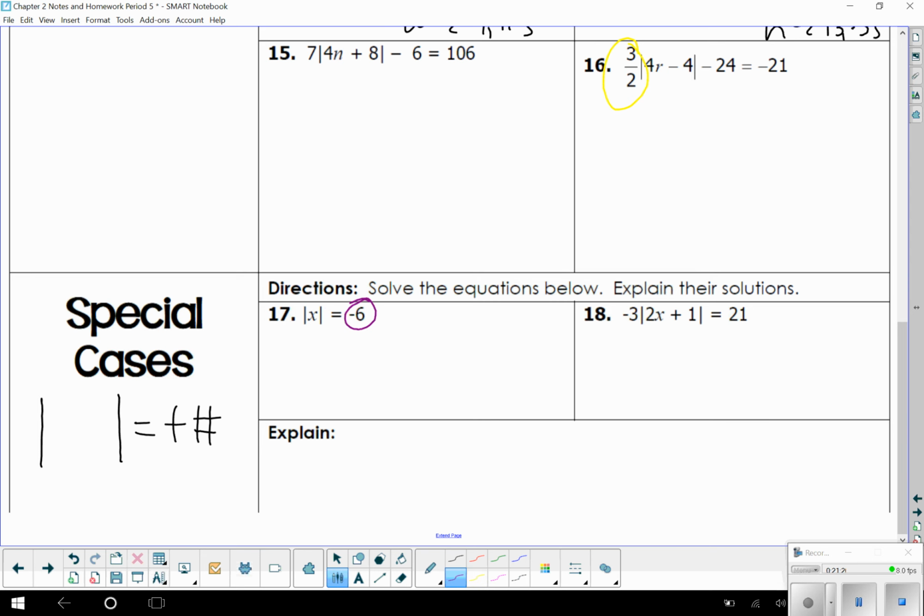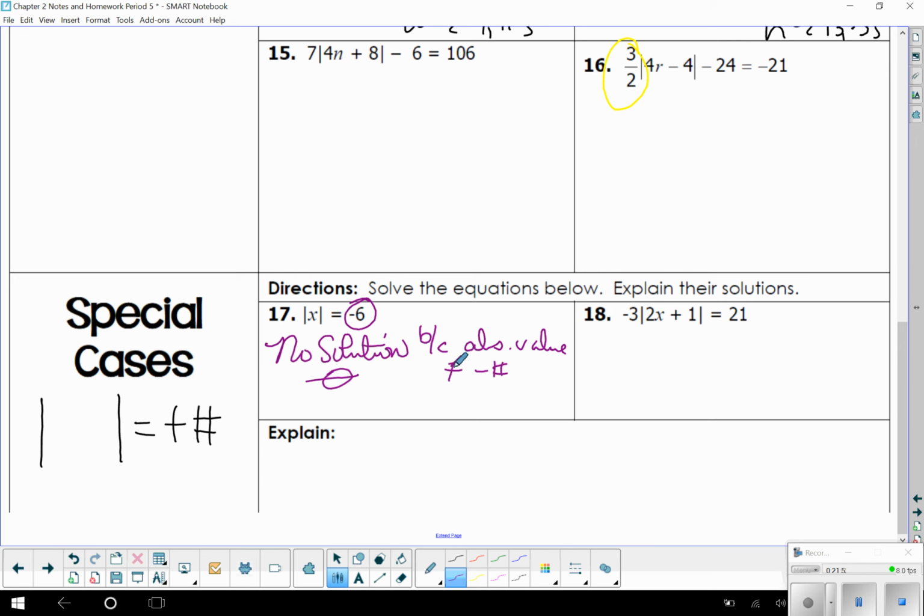So right off the bat, this is no solution or empty set. And the reason why, absolute value cannot equal a negative number.